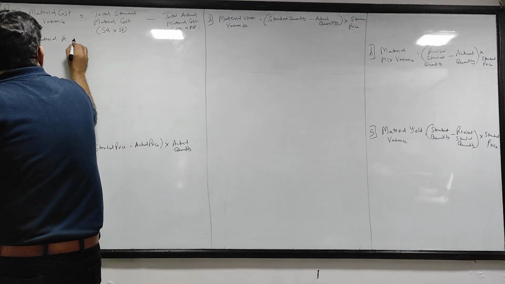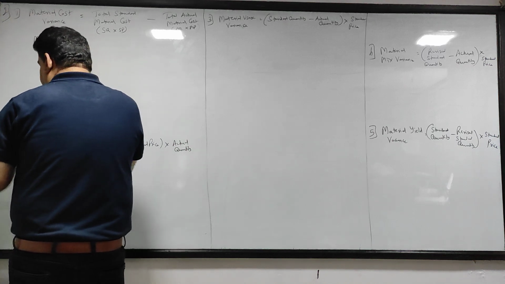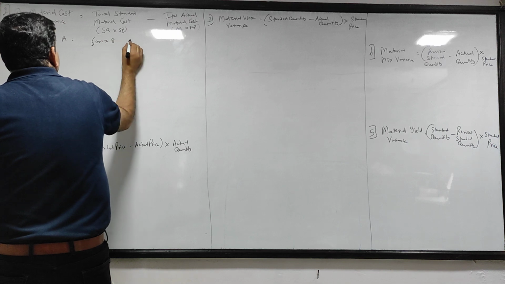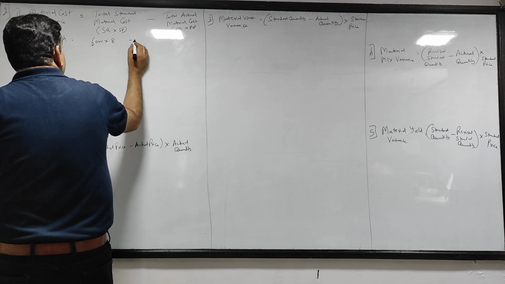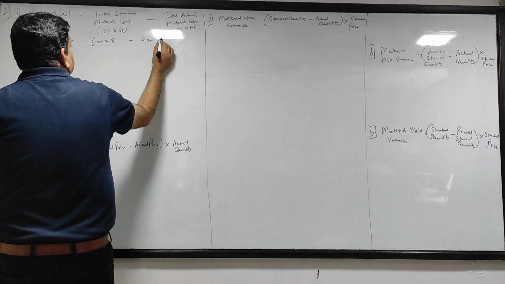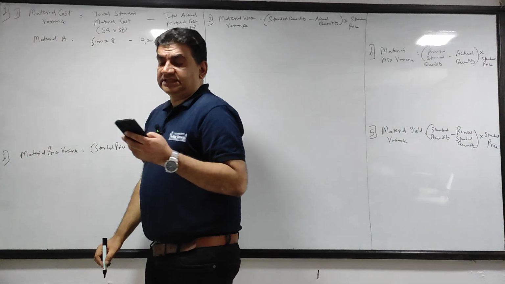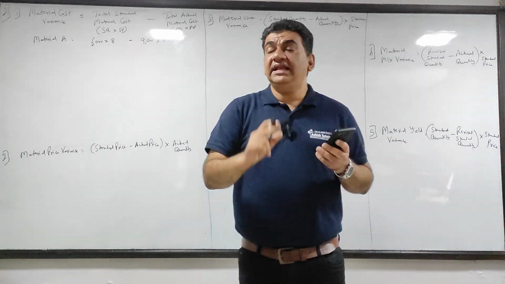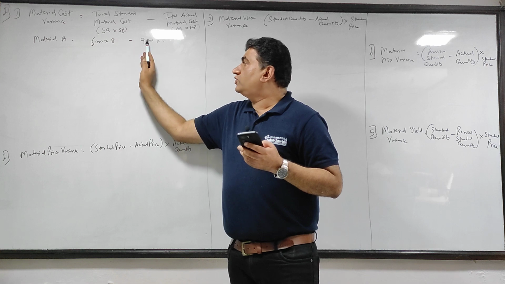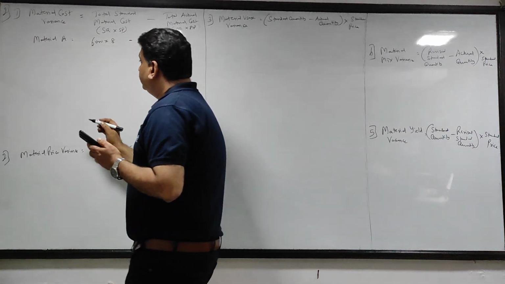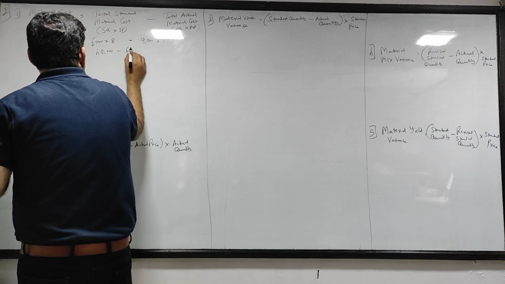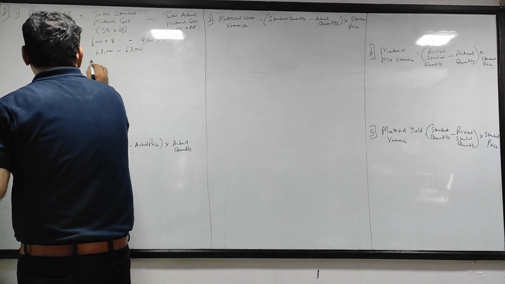Material A. What is the standard quantity of material A? 6,000. Standard price 8. Actual quantity 9,000. Actual price 7. Getting it? Let's substitute: 6,000 into 8 is 48,000. 9,000 into 7 is 63,000.